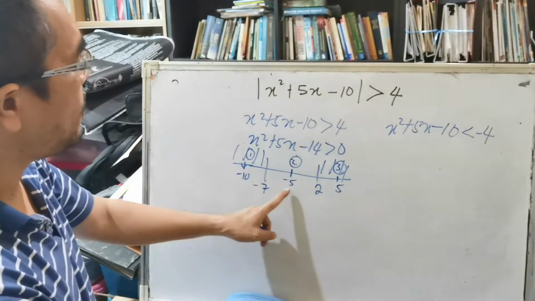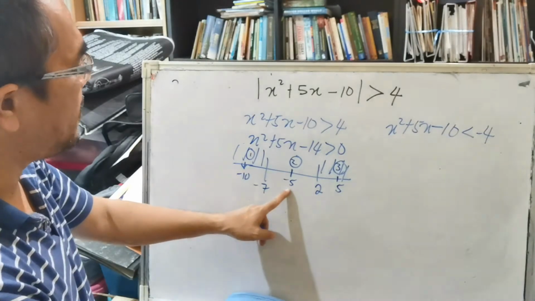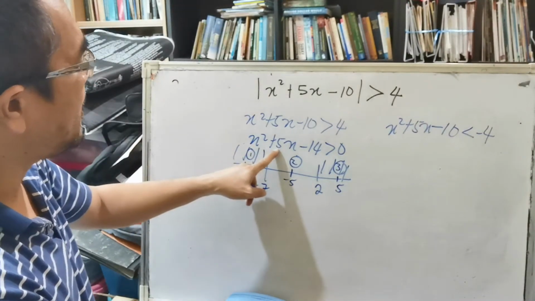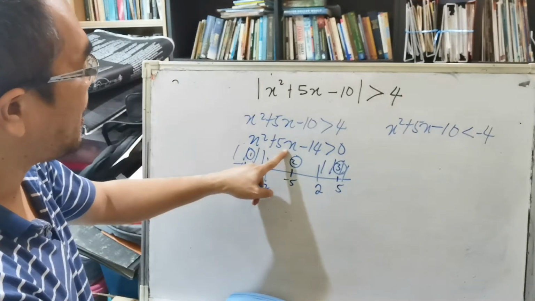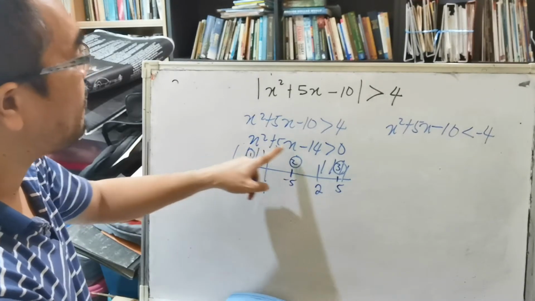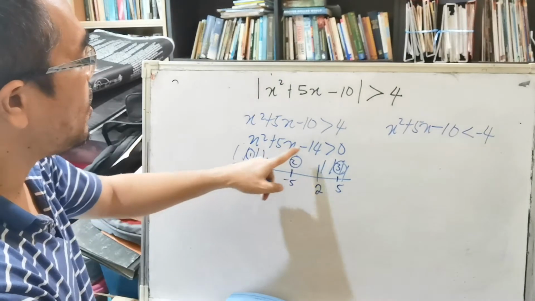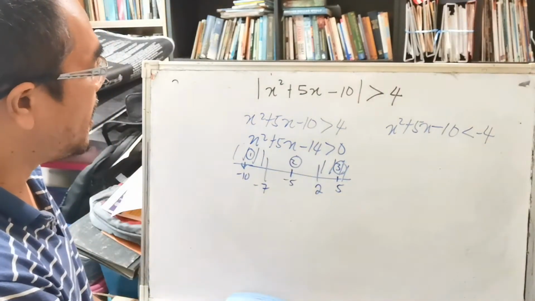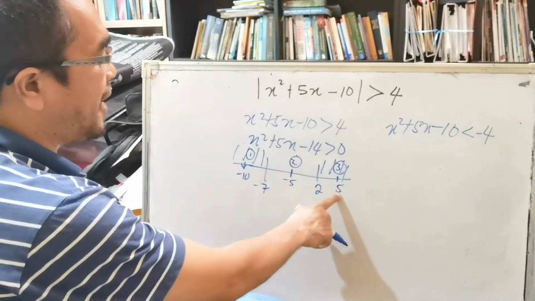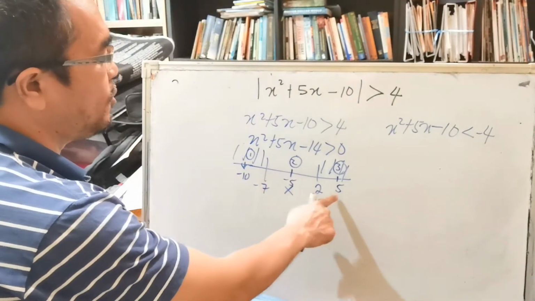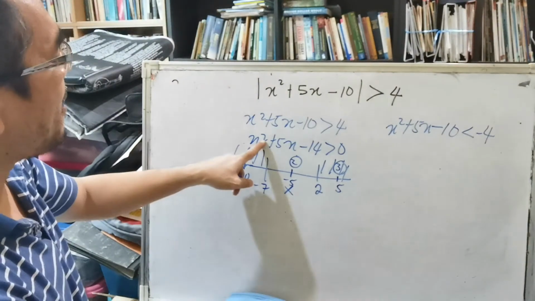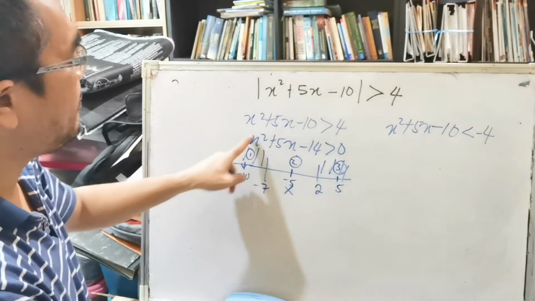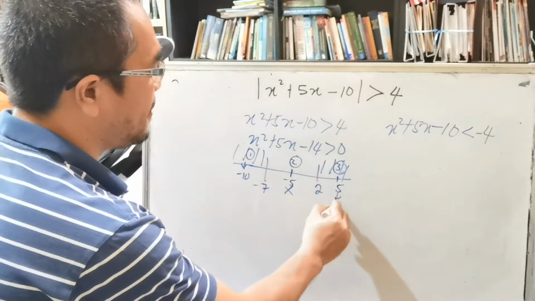So let's try with −5. If you replace x with −5, you get 25 here, then you also get −25. 25 and −25 will be 0, so −14 larger than 0 is not true. But if you replace x with 5, 5 squared is 25, plus 5 times 5 is 25, so it's 50, you get 36 here.